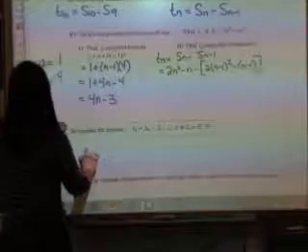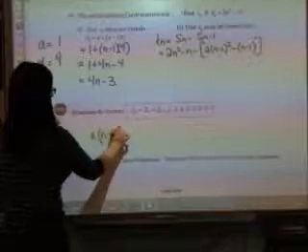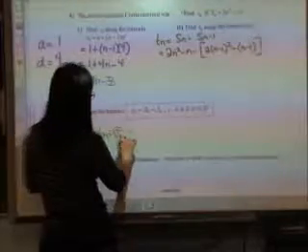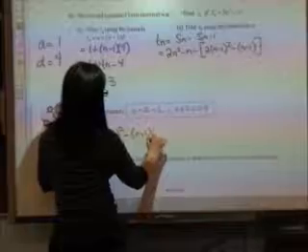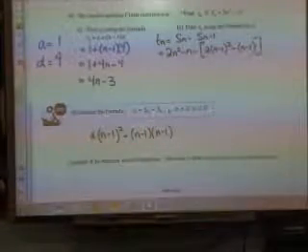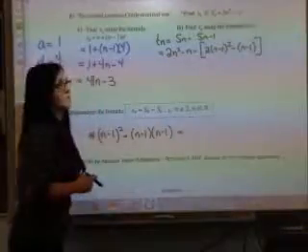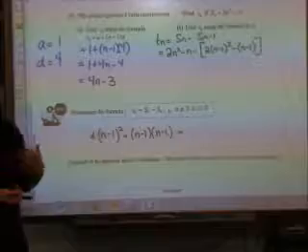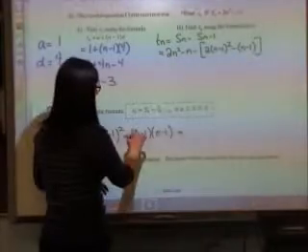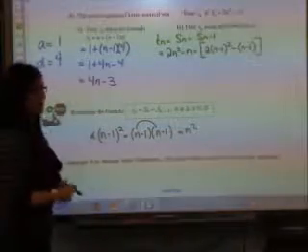So if I go down here, n minus 1 squared is n minus 1 times n minus 1. So if I expand this out, that's using the distributive property. It can be using my FOIL. N times n is n squared.